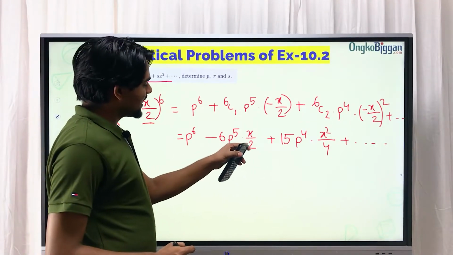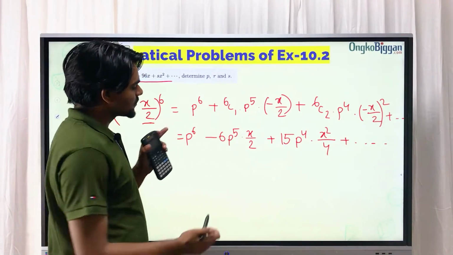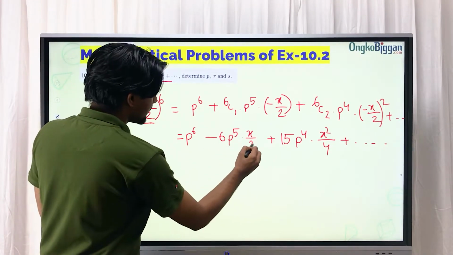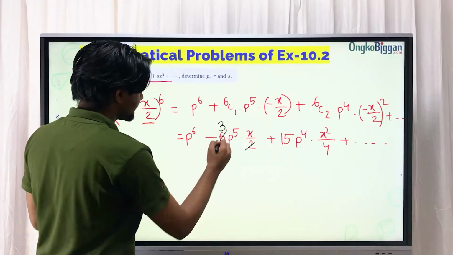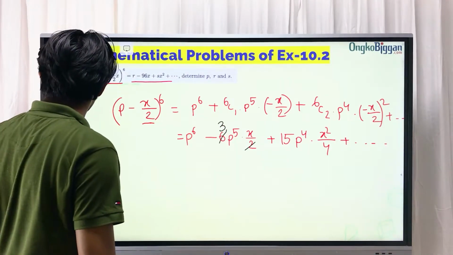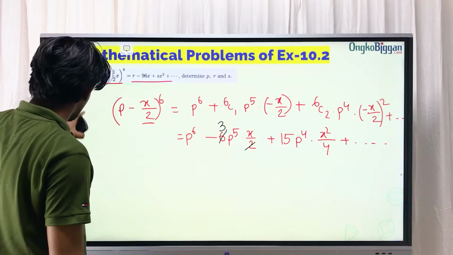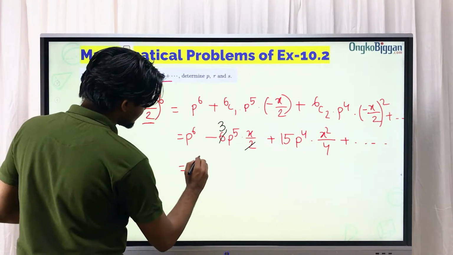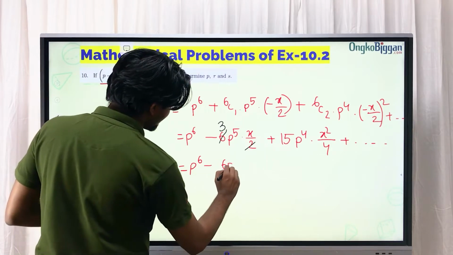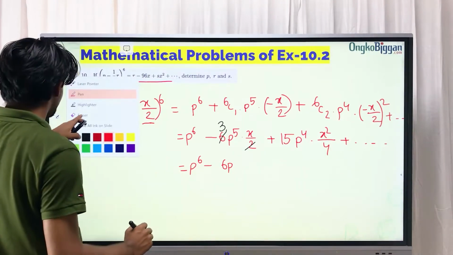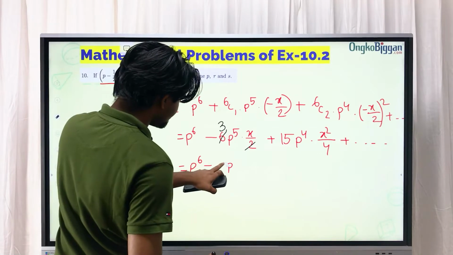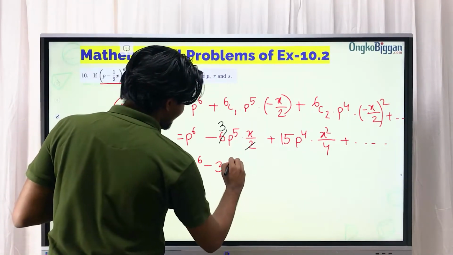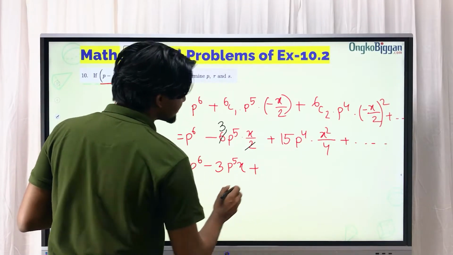So we can take 2x common here, so we can write it differently, so 3. So the expression becomes p^6 minus 3p^5 x plus 15/4.